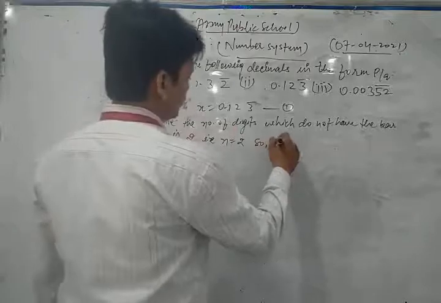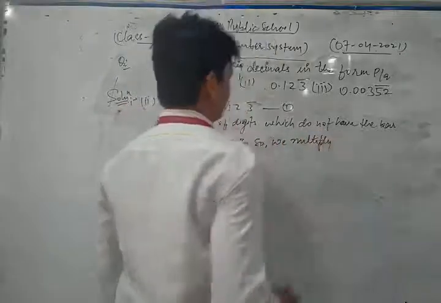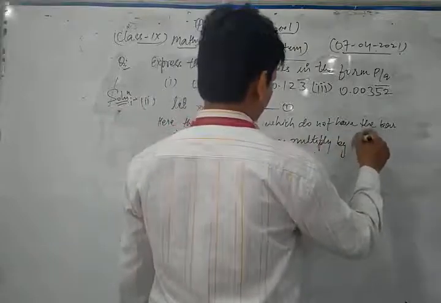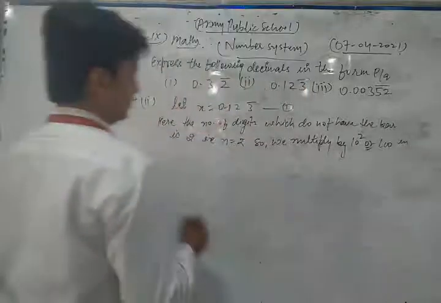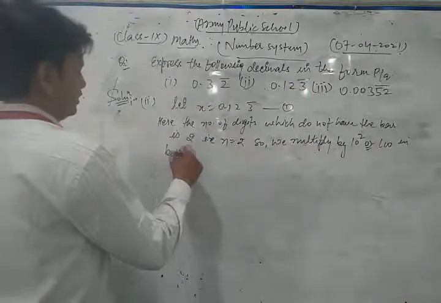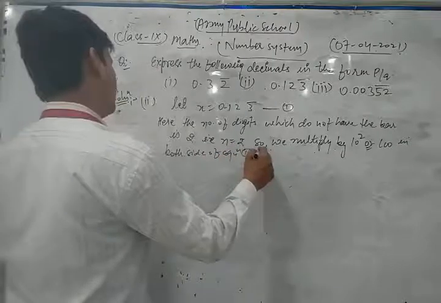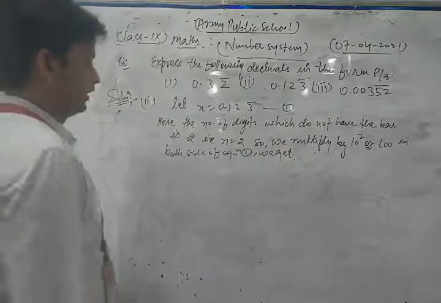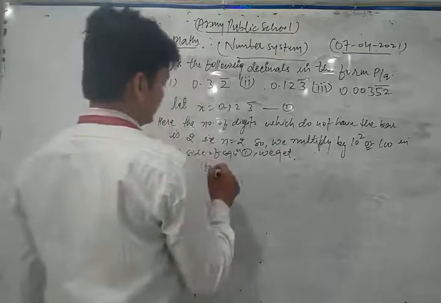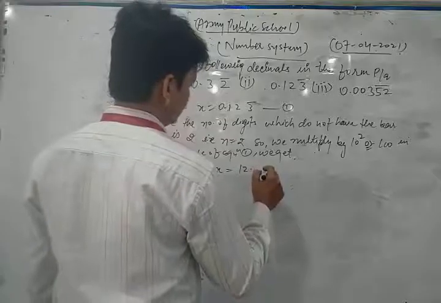So we multiply by 10 to the power 2, or 100, on both sides of equation 1. We get 100x is equal to 12.3 bar.